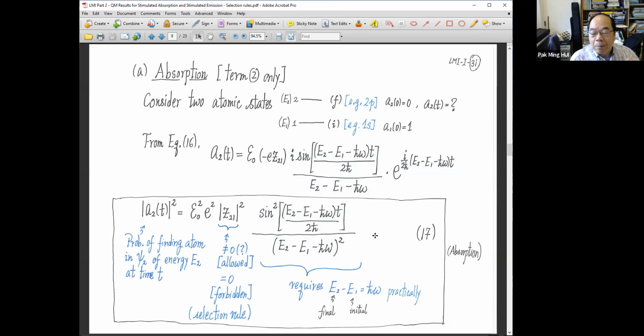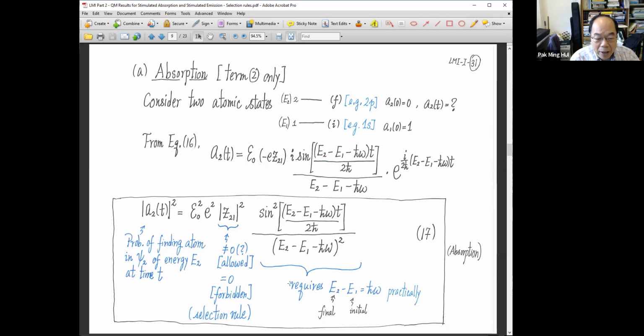So the box 17 is the answer in answering the quantum mechanical question: if the atom is in some initial state 1, what is the probability it is at some final state 2 at time t, after the incident light comes in at time equals 0? Okay, so this is a key step.